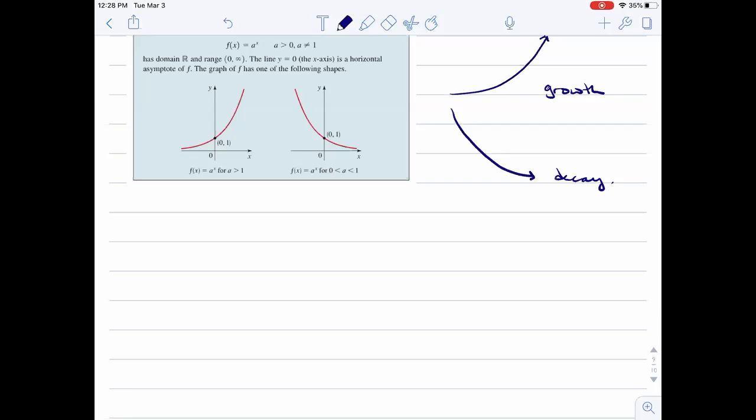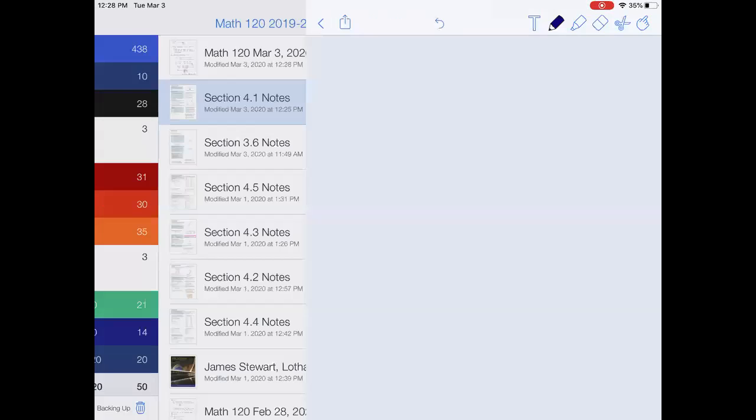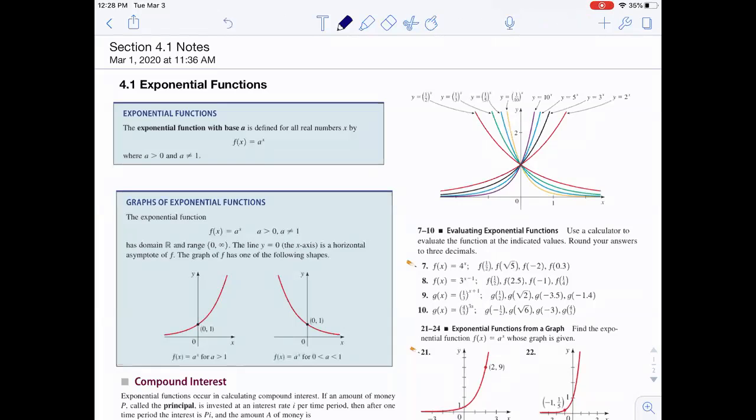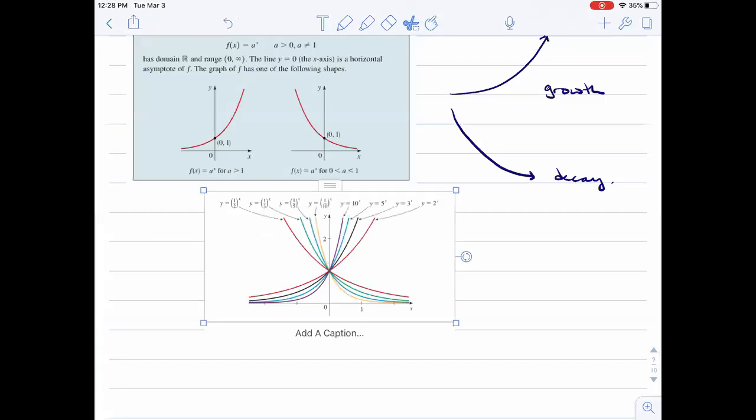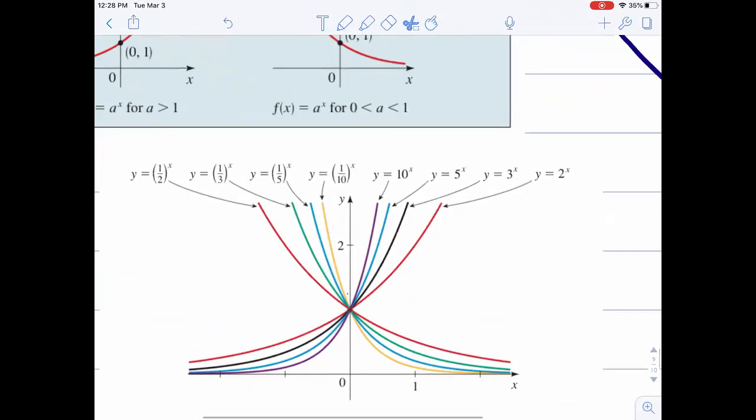It's going to look a little bit different depending on what your base is. So we've got this little illustration, which we'll zoom in on here. Depending on what your base is, 1/2, 1/3, 1/5, 1/10, it's just going to come closer to the y-axis.